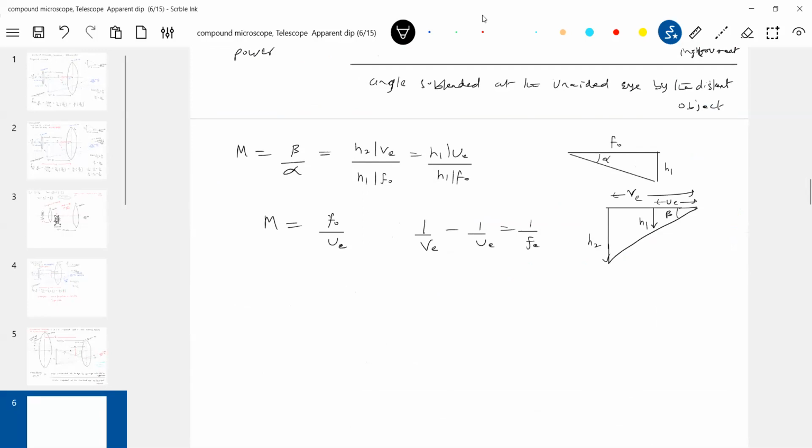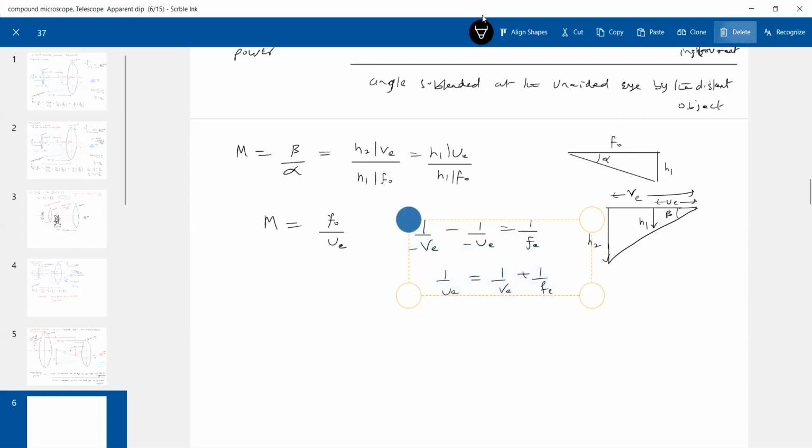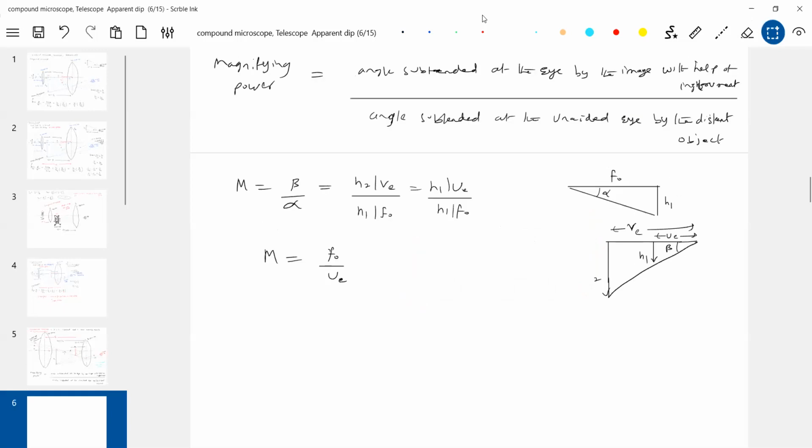So shall I replace this UE value? This will be negative, this will be negative, depending upon that one. And if it is the least distance of distinct vision, we can write it. Okay, I'll come to it later on. This is the core central part of our discussion.